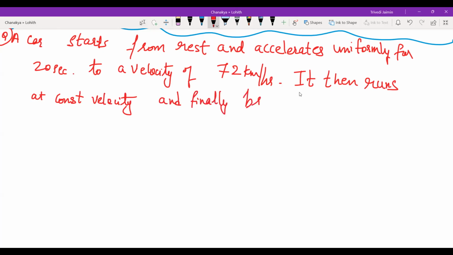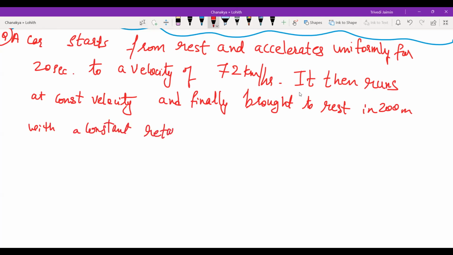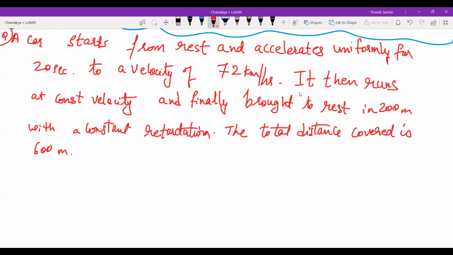Then finally it is brought to rest in 200 meters with a constant retardation. So they are giving retardation. The total distance covered is 600 meters.